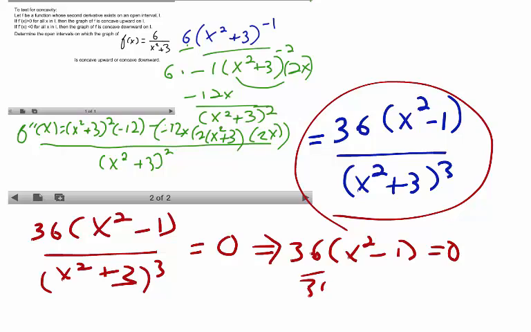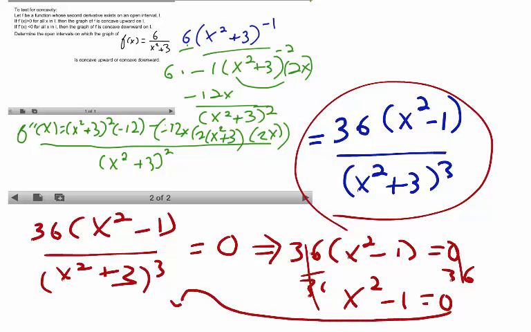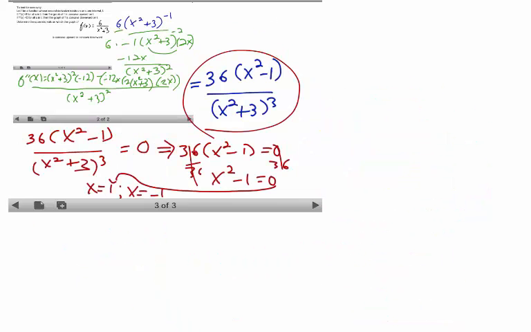Dividing by 36, this cancels. X squared minus 1 equals 0 would become x equals 1 and x equals negative 1. Now we know that f double prime of x is equal to 0 when x is equal to plus or minus 1.